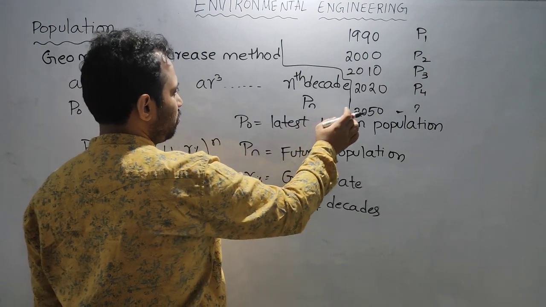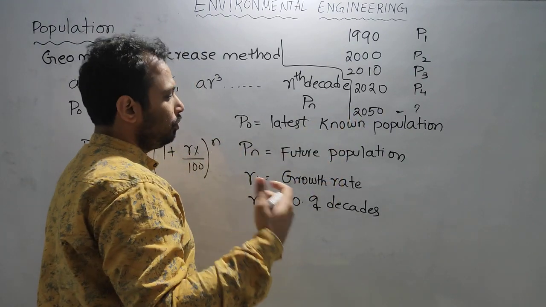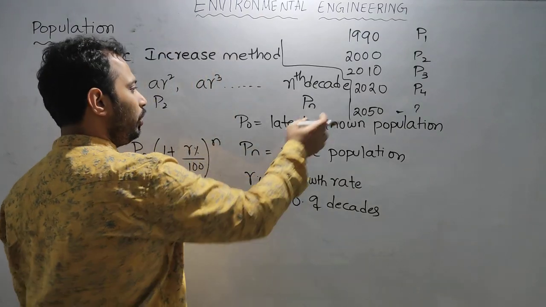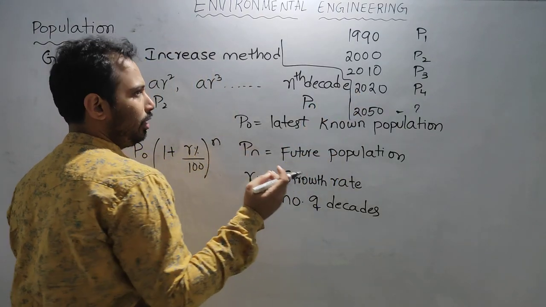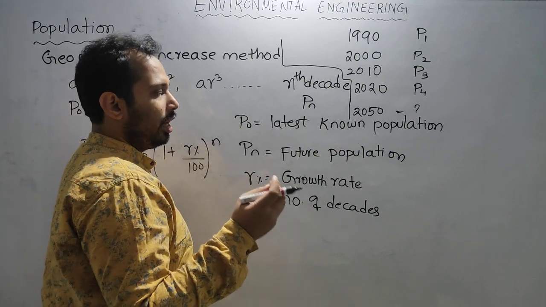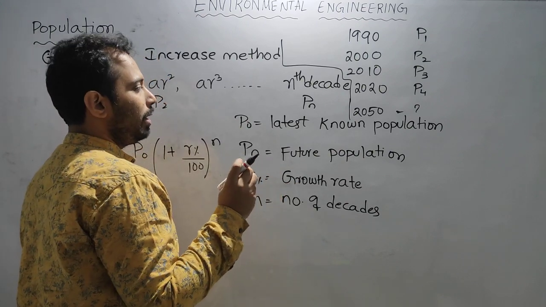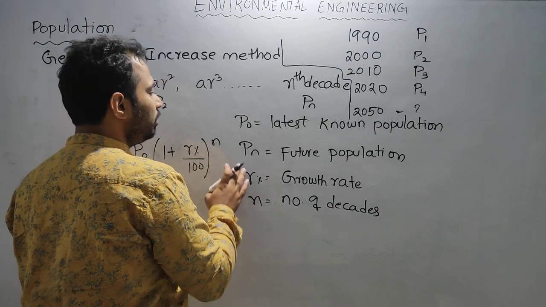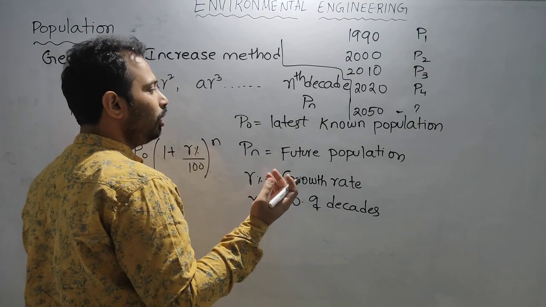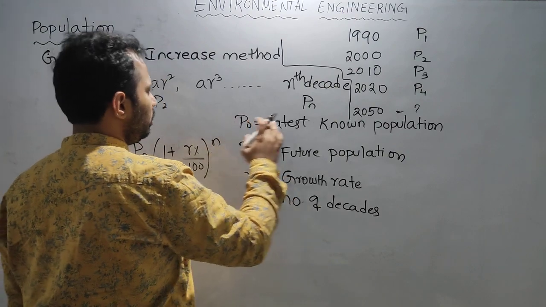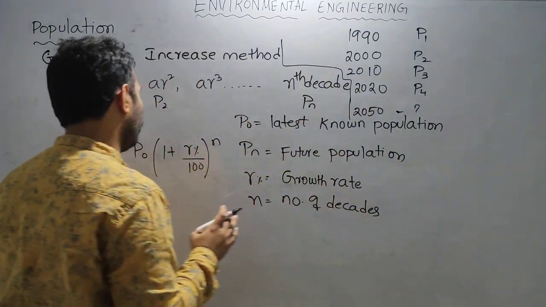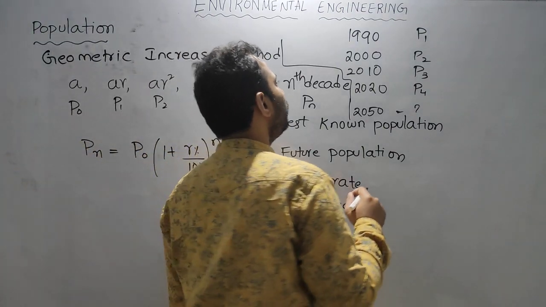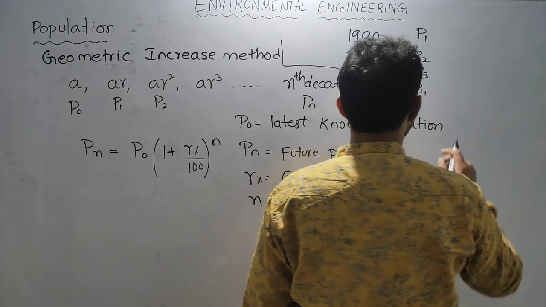For example, for 1990 let the population be P1, 2000 let the population be P2, 2010 let it be P3, and 2020 let it be P4. If I ask for 2050, how to calculate R first? P naught is P4, because it is the latest known population. Pn is the population at 2050, the future population. N is the number of decades: 2020 to 2050 is 30 years, which means 3 decades, since a decade is 10 years. So N is with us, Pn is what we need to determine, and P naught is P4. Then where is R? R is not visible directly, we need to calculate it. That is why it is difficult to understand.